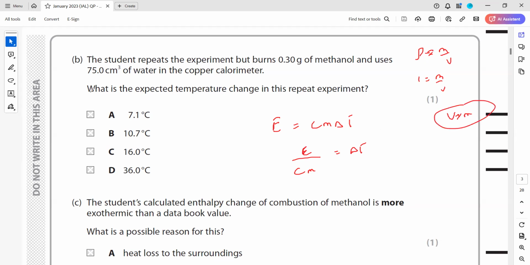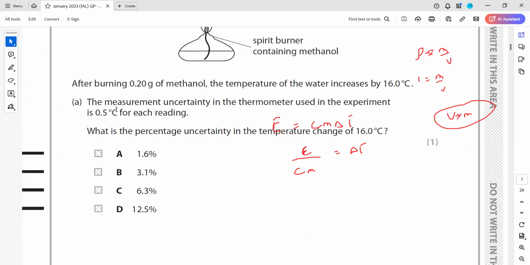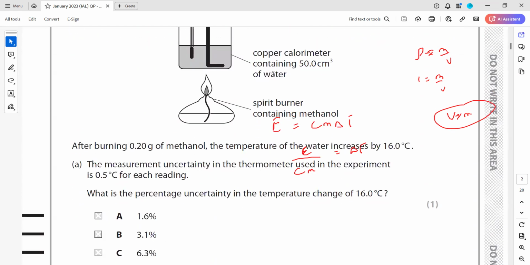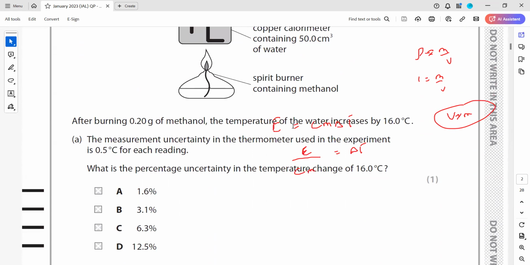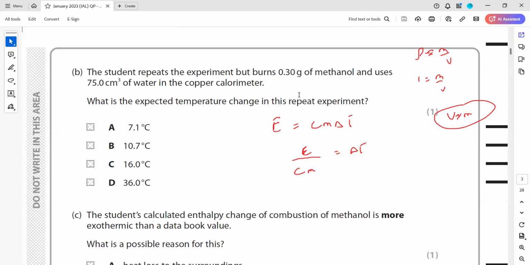So in the first part of the experiment, we used 0.2 gram of methanol and 50 cm cube of water. But now 75 cm cube, and the mass was 0.2 in the beginning, but now the mass is 0.3. So the mass is increased by a factor of 1.5.